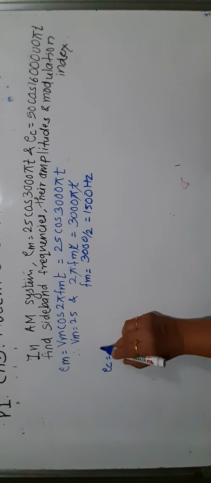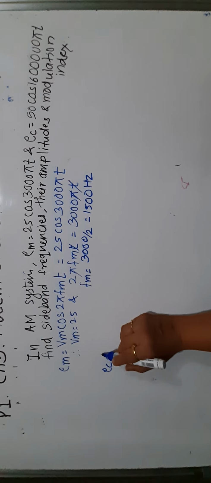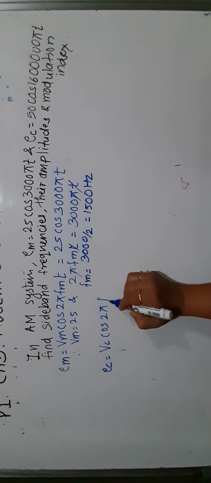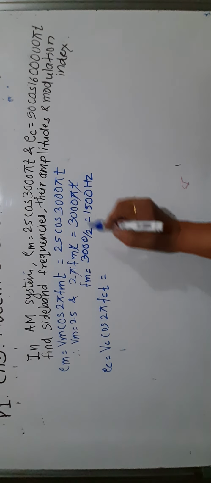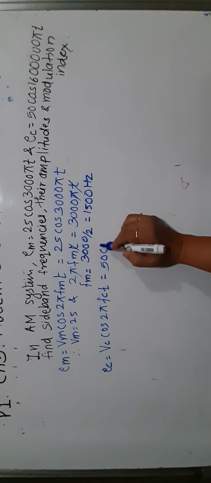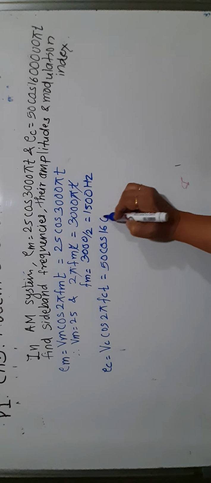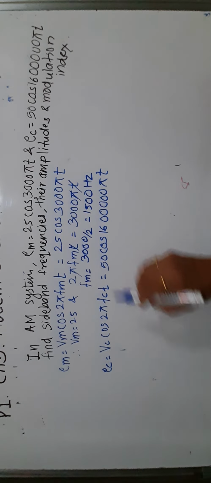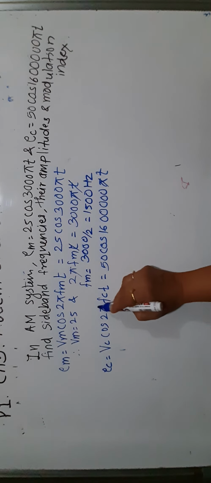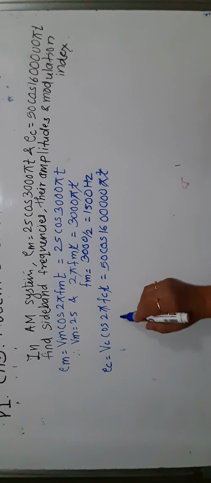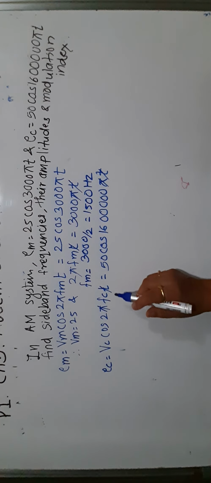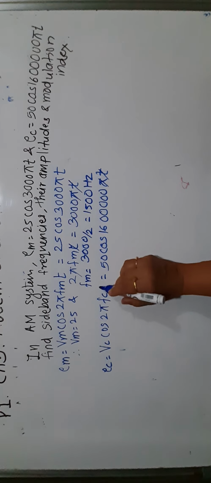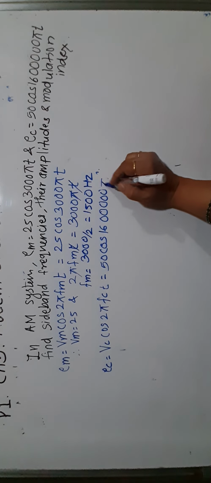Now here we have carrier wave equation. So EC equal to VC cos 2 pi FCT equal to, given equation is 50 cos 16 lakhs pi t. Again pi will get cancelled, t will get cancelled. We will write it properly.